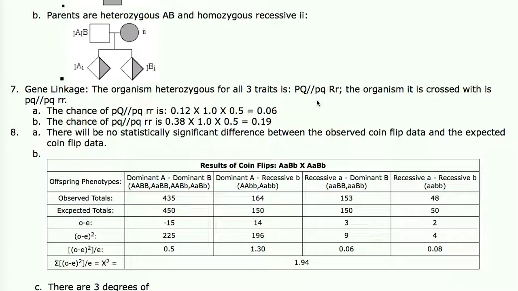Okay, so the chance of little p ending up with big Q and getting the little r is the chance right here. What's the chance of that? It's half the crossover frequency. The crossover frequency is 24% because the genes are 24 map units apart.